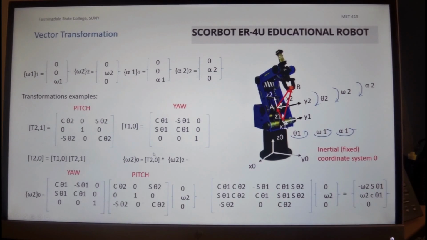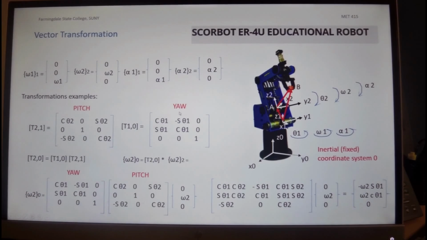But to get this matrix, we have to take two matrices, one which transforms from 2 to 1, and hit it with another matrix which rotates the resulting vector from 1 to 0. So the multiplication of these two matrices will give us the rotation matrix from 2 to 0.